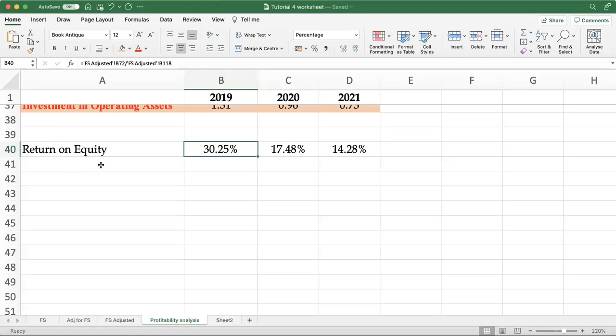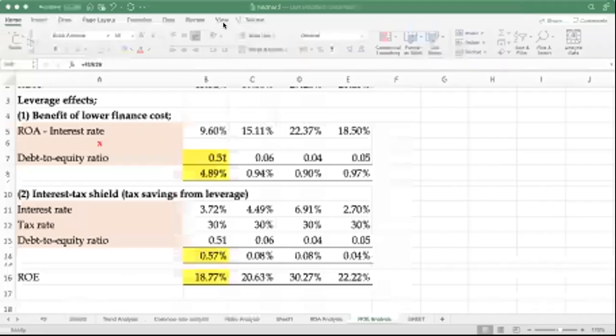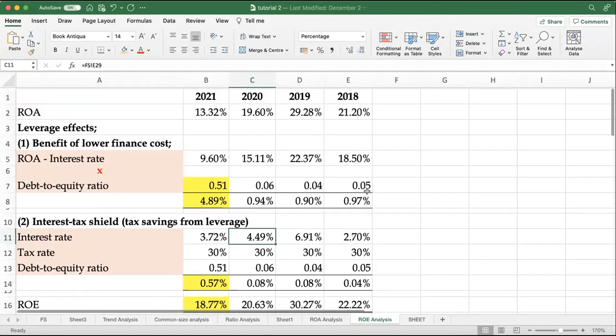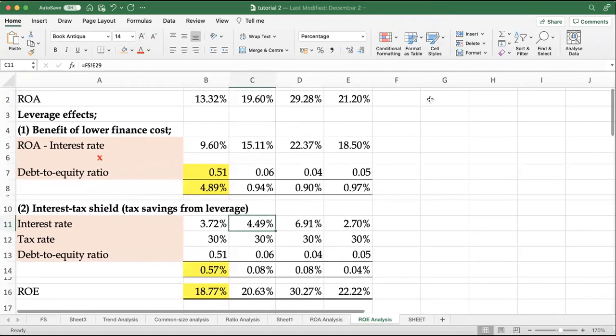Now we need to analyze ROE. We studied ROE analysis, so you can remember this.